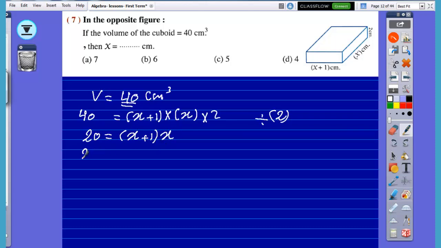So 20 equals x multiply x is x square, plus 1 multiply x is x, and then x square plus x minus 20 equals 0, and we will factorize it.